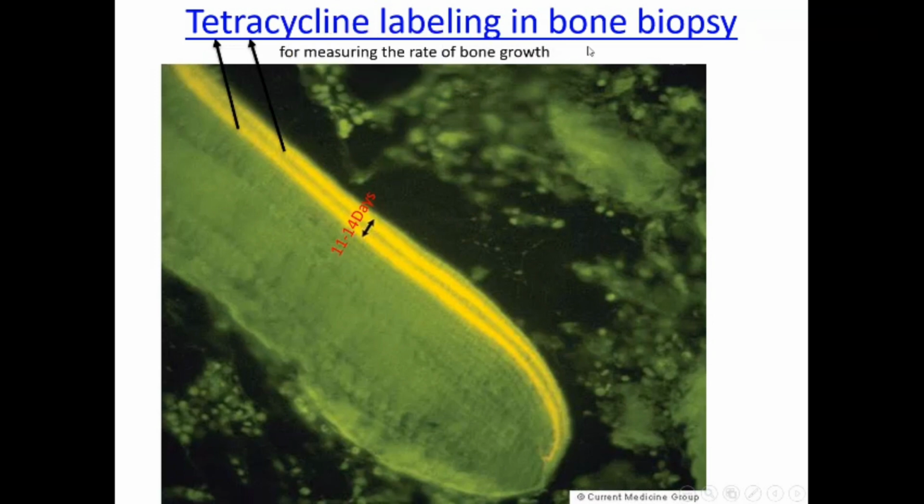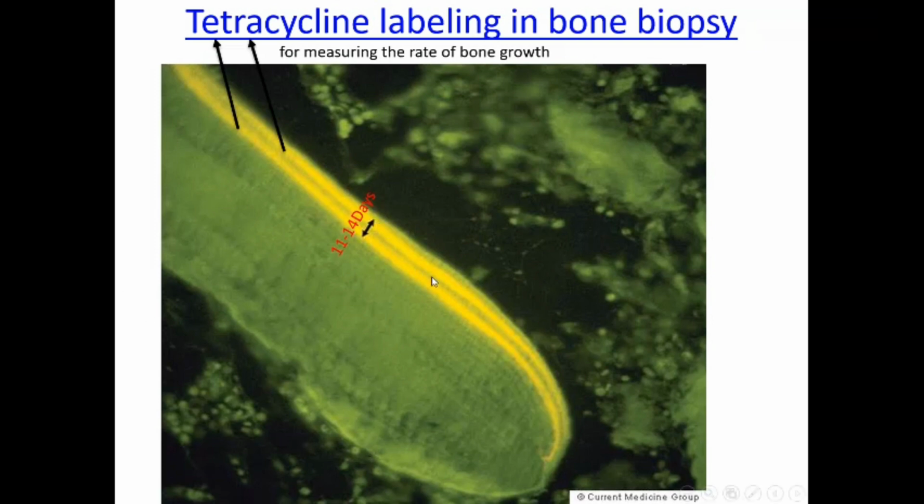Today, scientists use tetracycline labeling in bone biopsy for measuring the rate of bone formation. It's a very important parameter to diagnose some bone disorders.